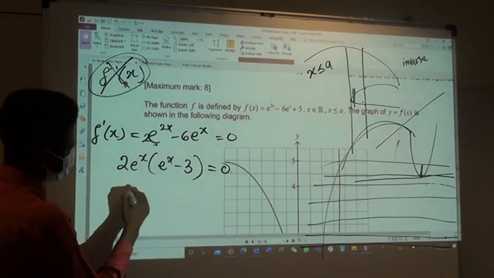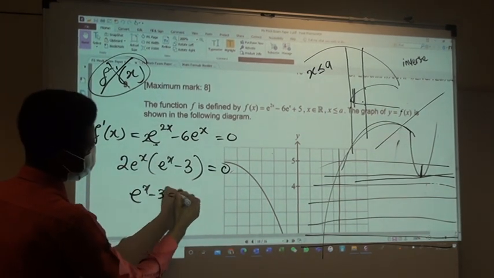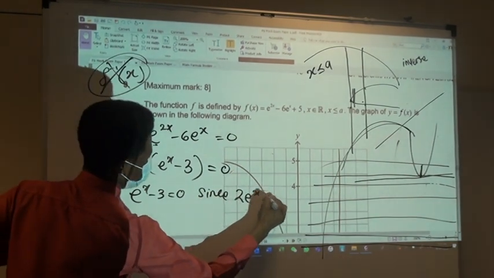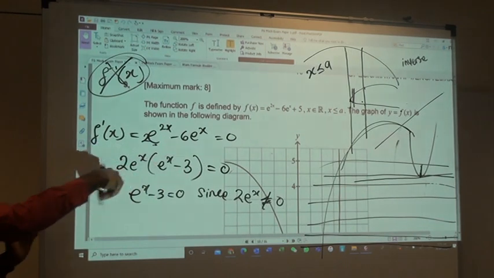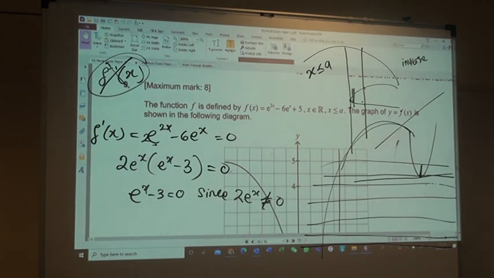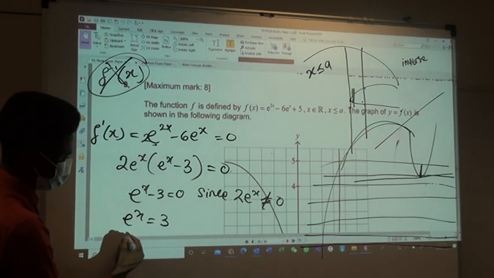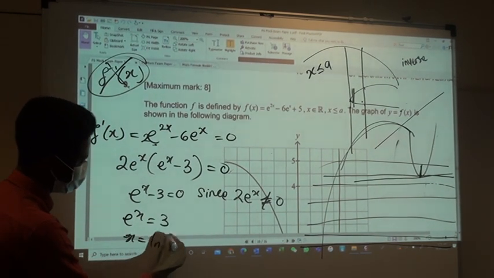So this person said, e to the x minus 3 will be equal to 0 since 2 e to the x cannot be 0, so he or she divided both sides by that. You can only divide by something you are very sure is not 0. Negative, positive, we don't care. Understand? And from here, e to the x is equal to 3, which means x is equal to ln 3.